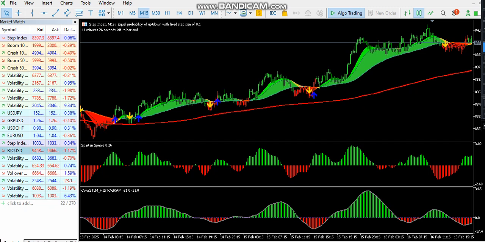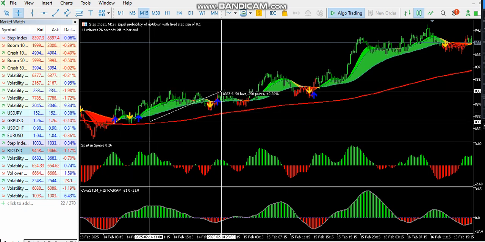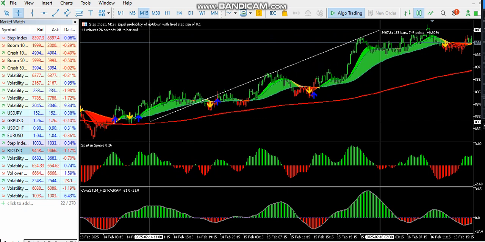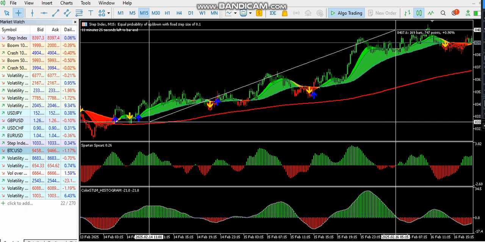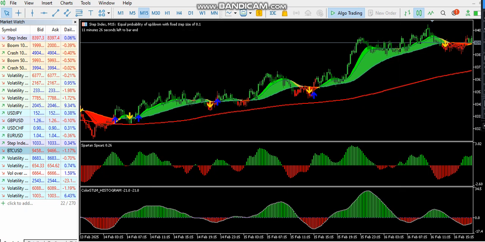If I calculate from here, let's just say somewhere around here, 840 pips on step index, guys, on step index. So you see that this trading system is simply fantastic.